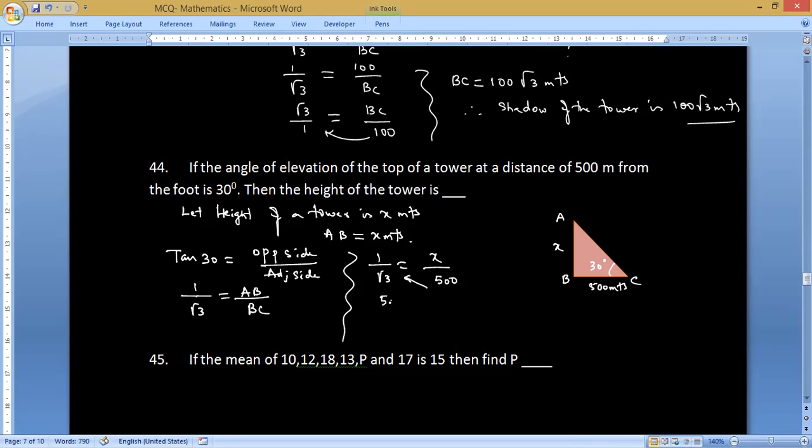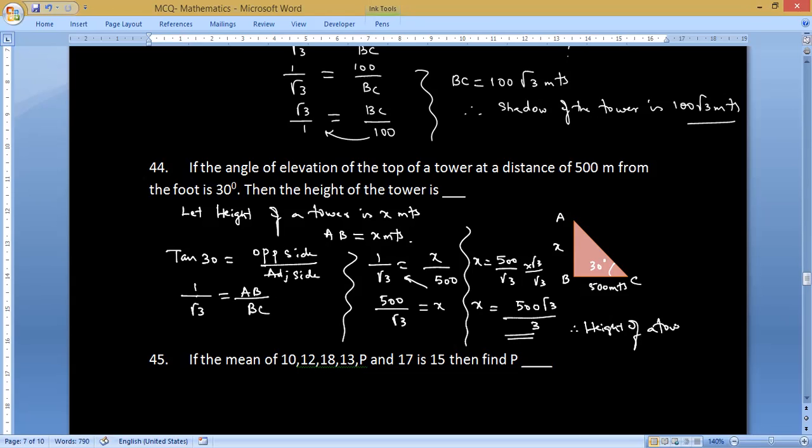Then 500 by root 3 is equal to x. So the denominator is root 3. So x is equal to 500 by root 3 into root 3 by root 3. Then x is equal to 500 root 3 by 3. So the height of the tower is 500 root 3 by 3 meters.